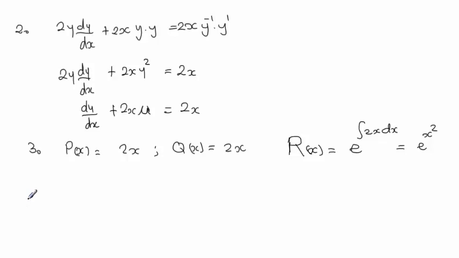So step number 4, we now know how our solution and integration factor interact. We said our solution, in this case u, multiplied by our integration factor, which is e to the power of x squared, would be equal to the integral of q, in this case 2x, multiplied by the integration factor, e to the power of x squared, dx.